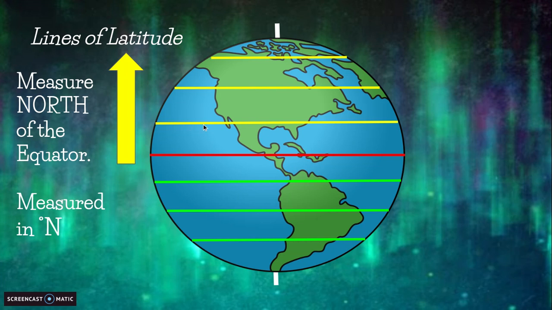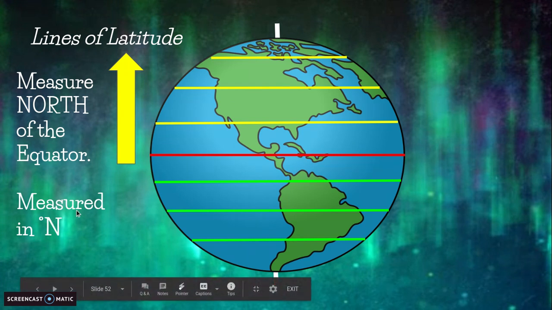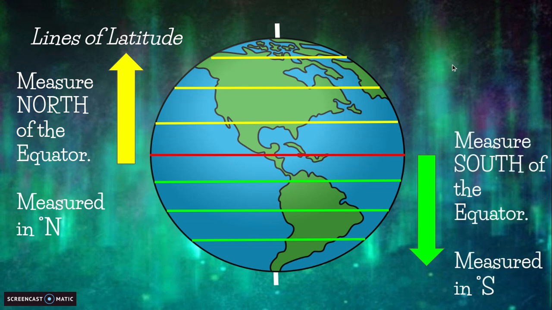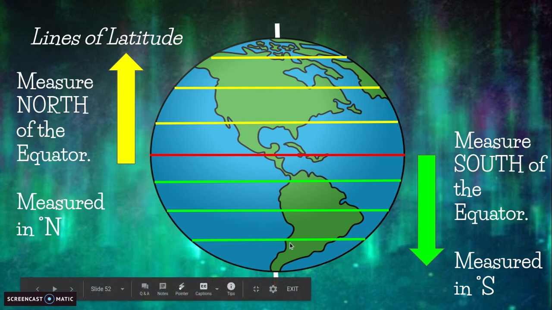The yellow lines measure north of the equator. All right, so lines of latitude measure north of the equator, and those are the yellow lines. They are measured in degrees north. Lines of latitude south of the equator are measured in degrees south, or degrees S. So lines of latitude measure north and south of the equator.